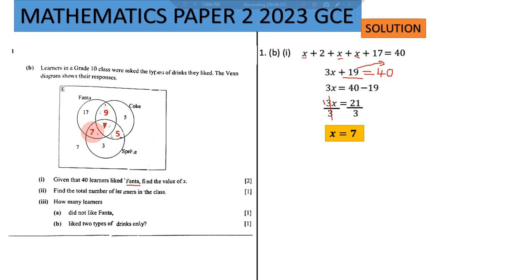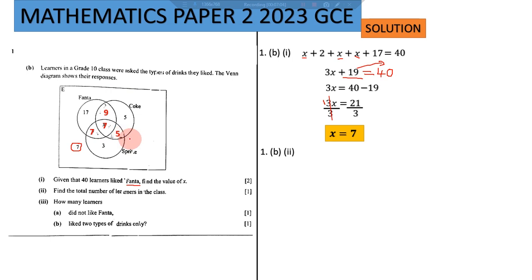Okay, so now since we have written down where we had the variable, now we have a complete set. We can answer the following questions. The first question says, find the total number of learners in the class. For us to find the total number of learners in the class, we'll also include those that didn't like any of the drinks, because they were part of that class.